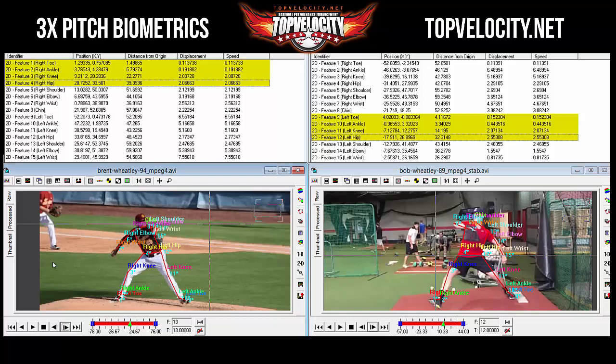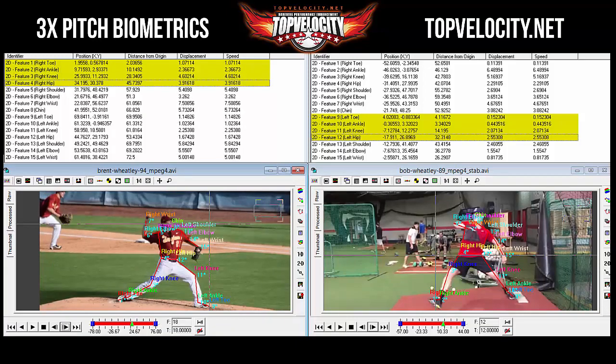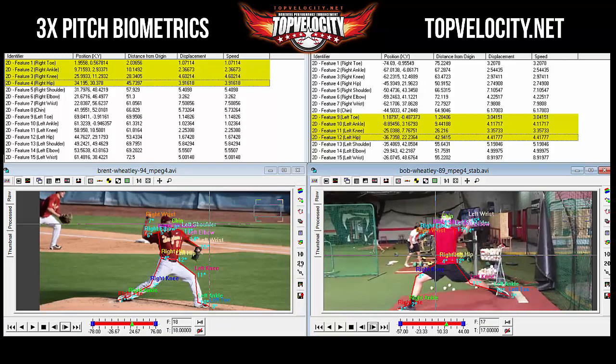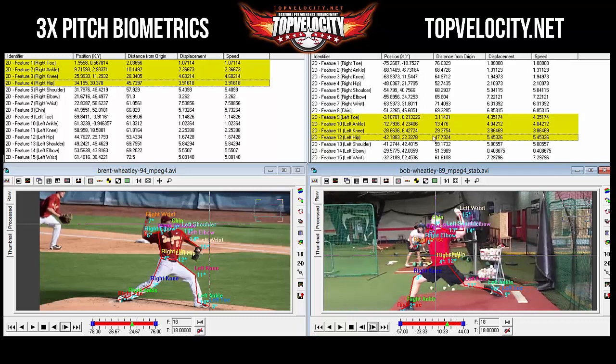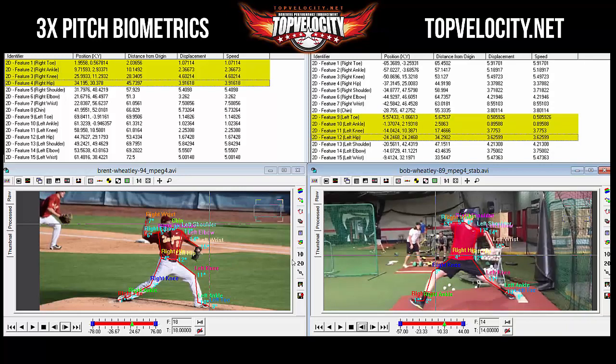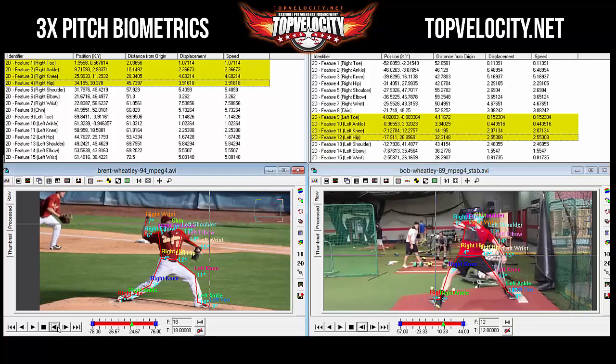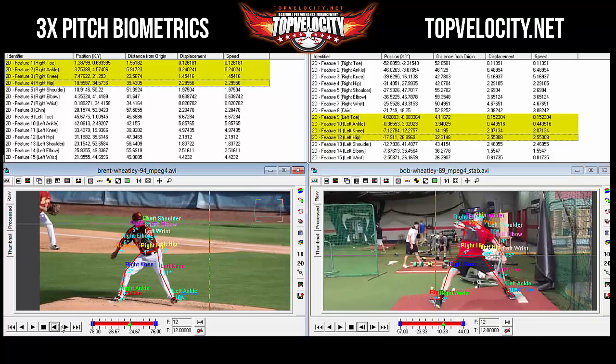So let's go to front foot strike. At this point, the back hip is 42 to Brent's 34, so Bob really accelerates at this point. So pretty much from 12 to 18, Bob takes off past Brent.